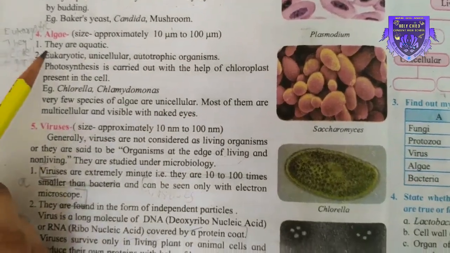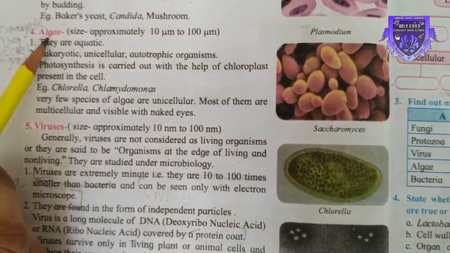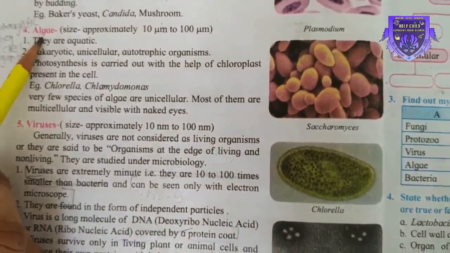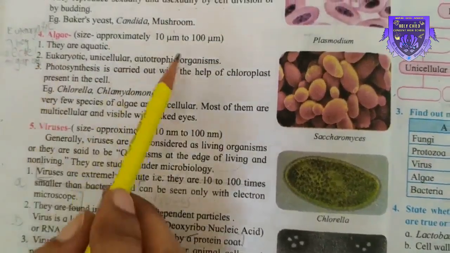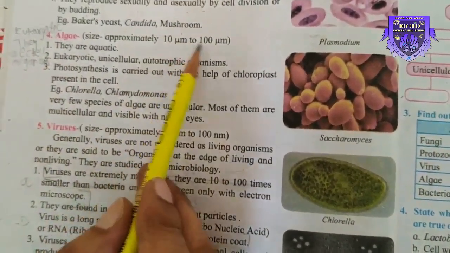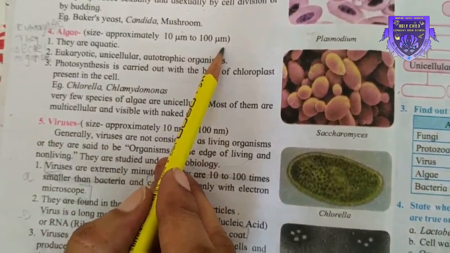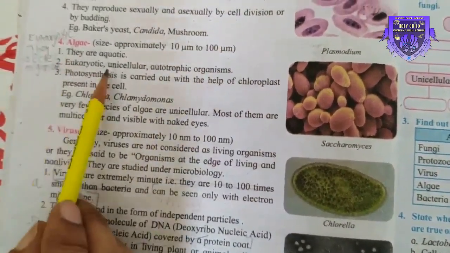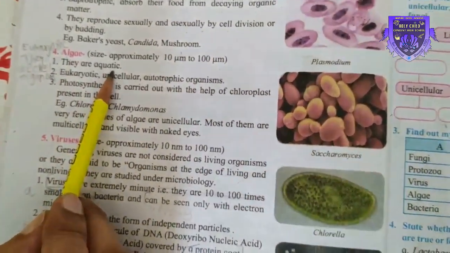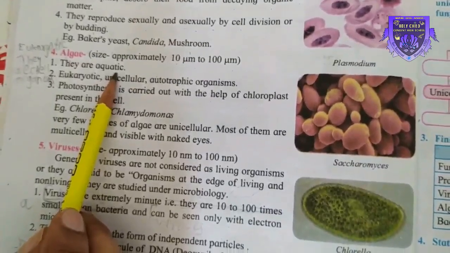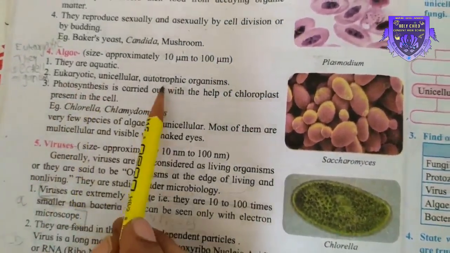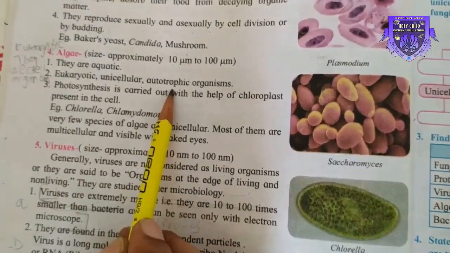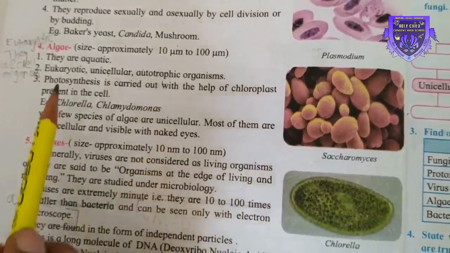The other microorganism which we are going to study now is algae. The size of algae is also between 10 micrometers to 100 micrometers. These algae are aquatic in nature, which means they are found in water. They are eukaryotic, unicellular and autotrophic. They synthesize their own food.